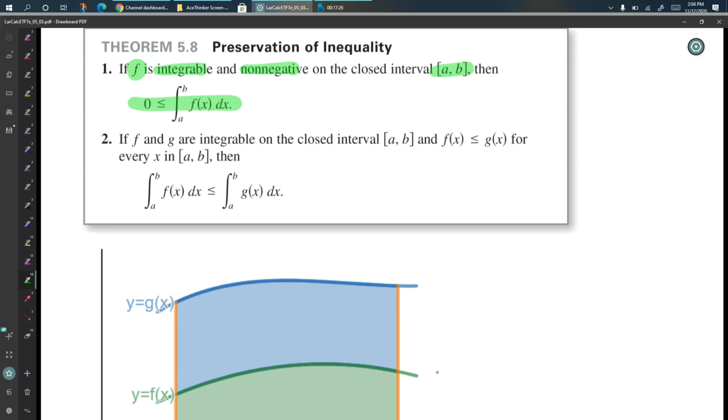If the function never goes below the x-axis, the value of the integral can never be smaller than 0. Right? Now, non-negative is one of those tricky phrases that we use. Non-negative means it could be 0, or it could be positive. It just can't be negative, which is why the value of the integral still could be 0. Right? That one's good, that one's important, but the second one is better.